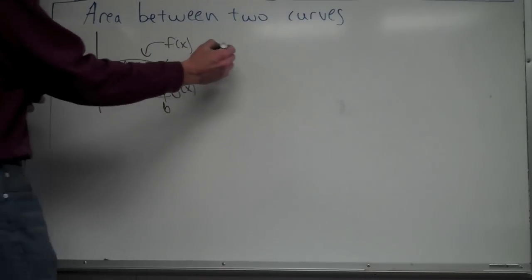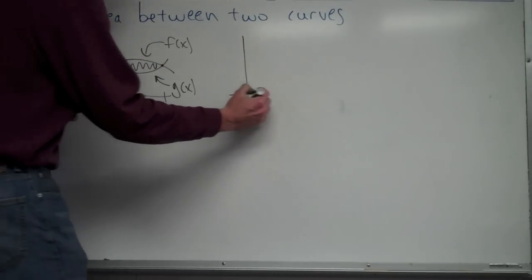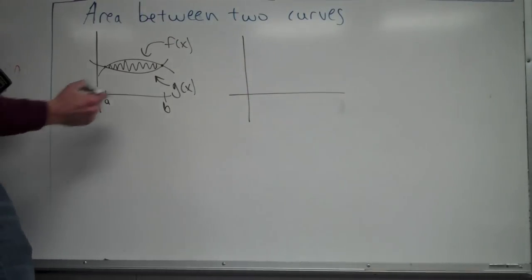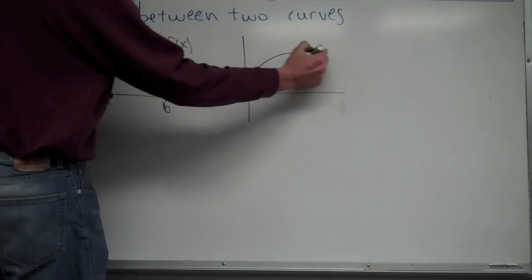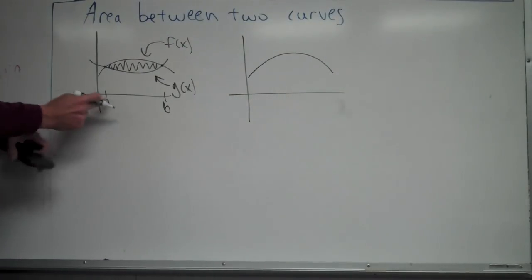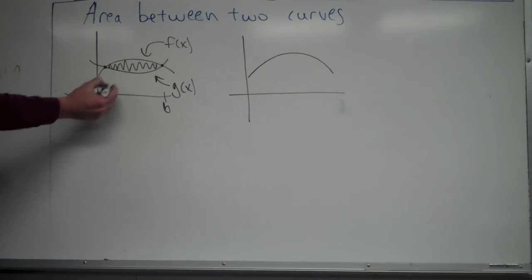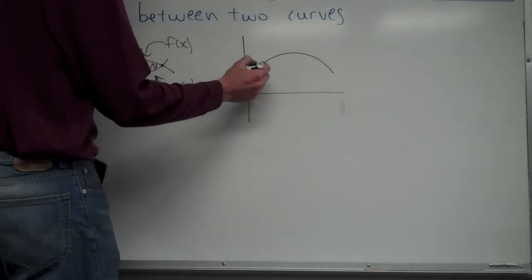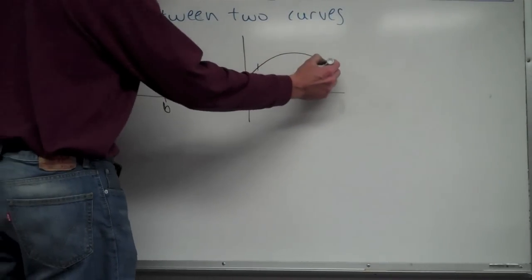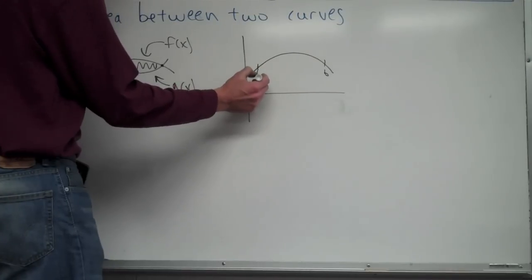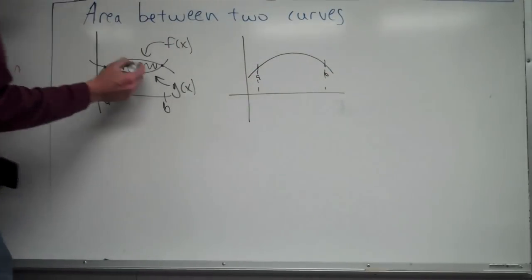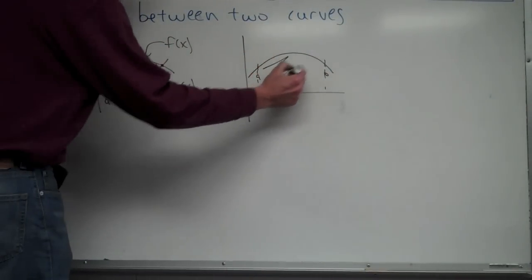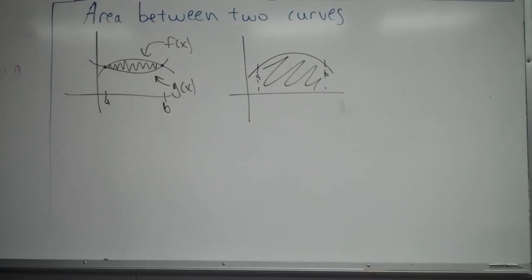Now, the idea that we're going to use for this, again, this is just quickly showing the concepts behind this. If I were to just sketch the graph of f of x, and going back to this real quick, you can see the intersection point here is x equals a, the intersection point here with these two graphs is x equals b. And if I were to just graph f of x and look at the area under f of x from a to b, it would include all of this area as well as everything below all the way down to the x-axis.